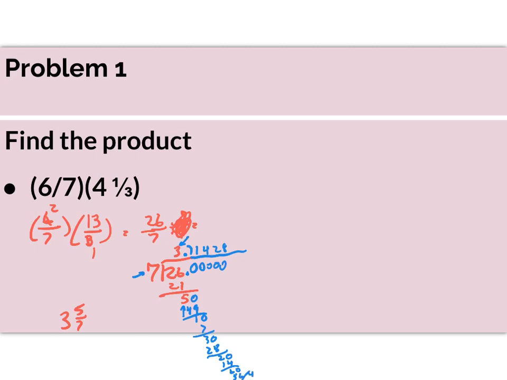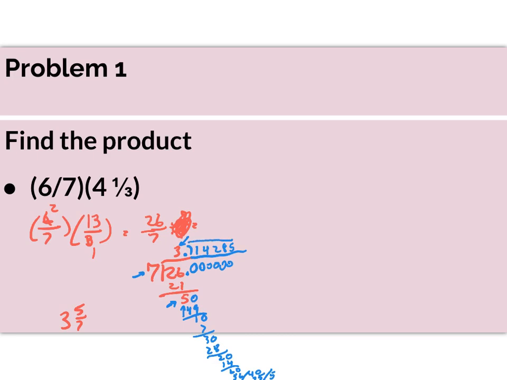We get 4. Put a 0. 5 times 7 is 35. And we get a 5. And look, another 5, which brings us back here. Which goes to prove my point that whenever you divide by 3, 6, 7, or 9, most numbers will come up with a repeating decimal.